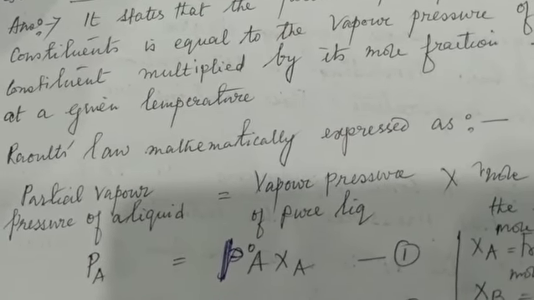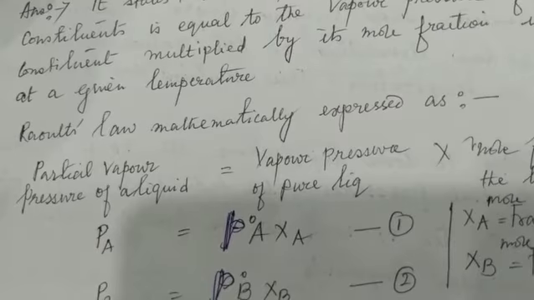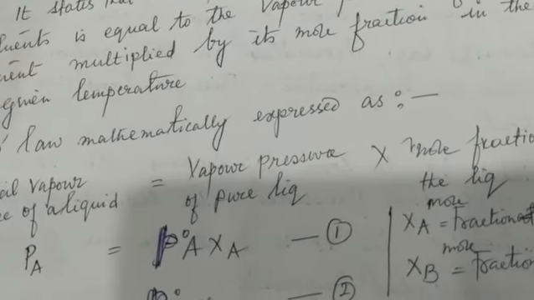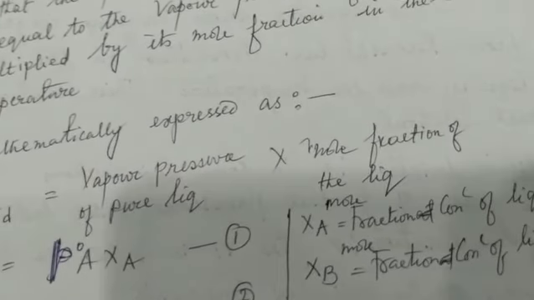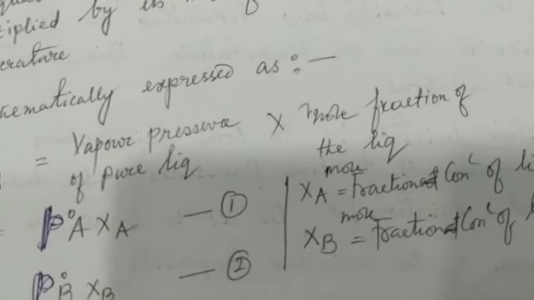So Raoult's law can be mathematically expressed as: partial vapor pressure of a liquid is equal to the vapor pressure of the pure liquid times the mole fraction of the liquid.